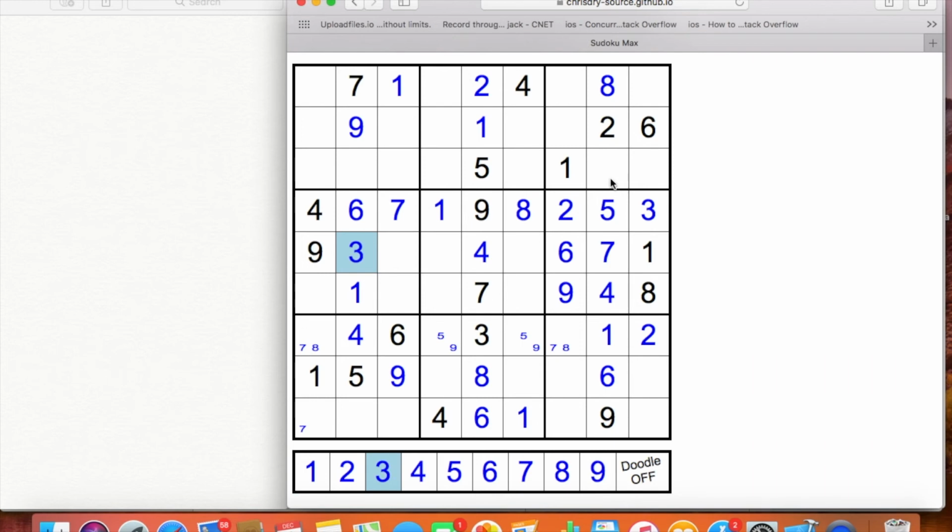That means that there's only one bottom middle square in which a 3 can go. It can't go in this one, it has to go in that one. Now, because 3s have to appear there, they can't go in the top 3 squares there. That means the only 3 available in the bottom right block is there.